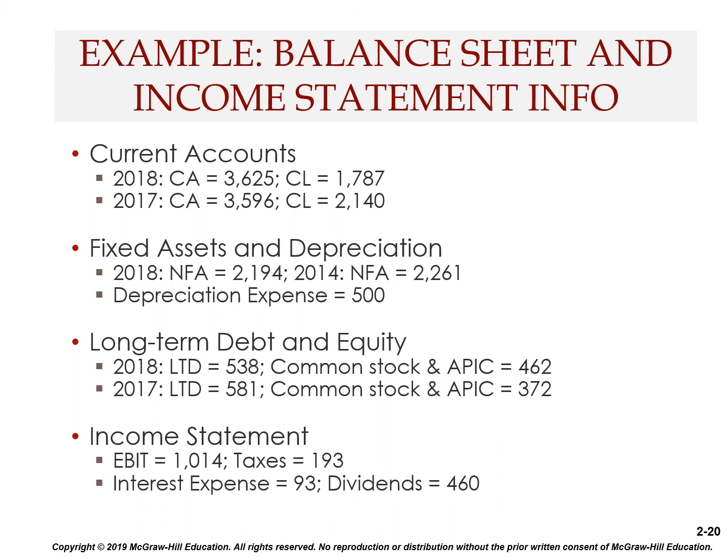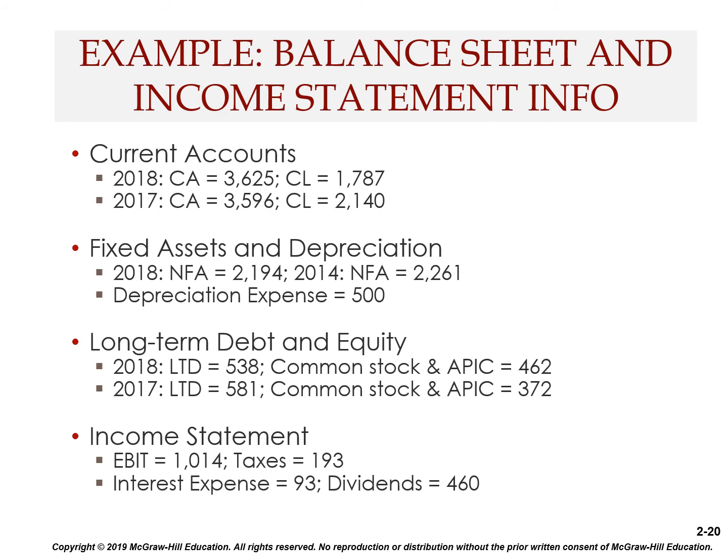Then we have fixed assets and depreciation, NFA, net fixed assets. Long-term debt, LTD. Common stock and additional paid-in capital, that's your surplus. And then the income statement: earnings before interest and taxes. Then they give us the tax, the interest, and the dividend.